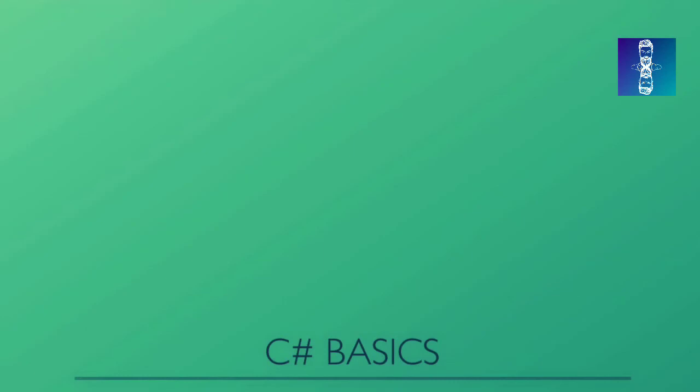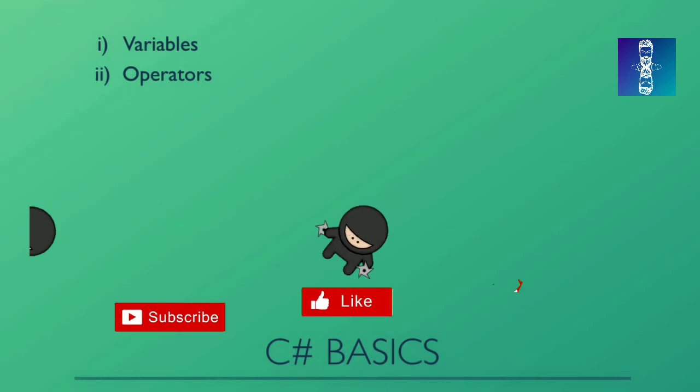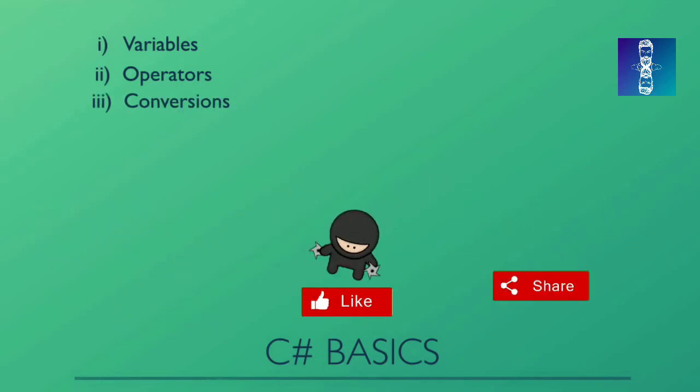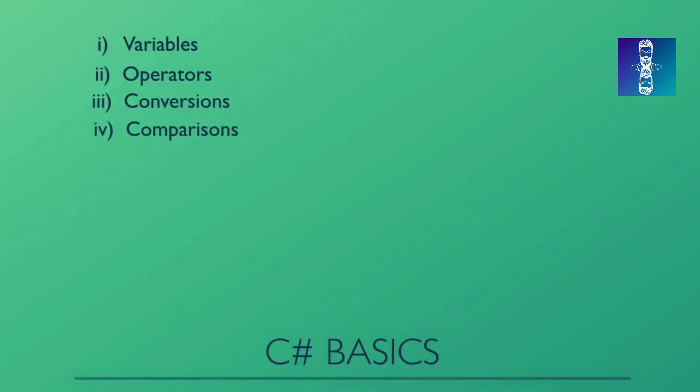Congratulations, you have finished this section on C# basics. You now have all the tools you need to program basic C# programs and to understand more complicated concepts. You've learnt all about variables, operators, conversions, comparisons between variables, and loops that allow you to run code over and over again until a certain condition is met.